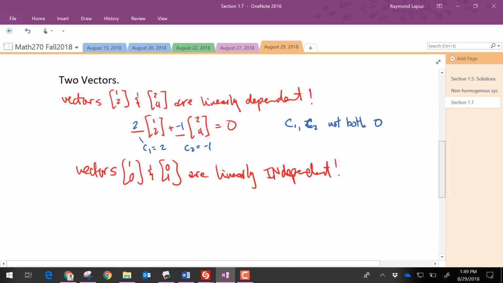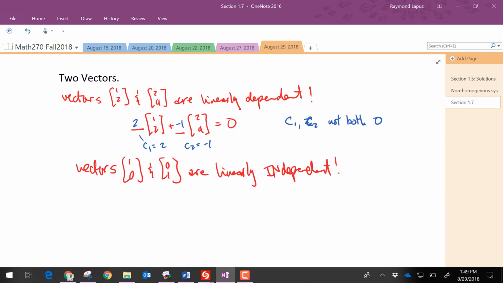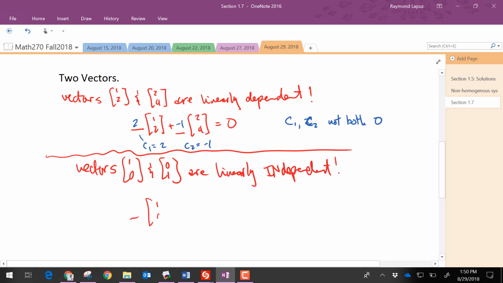Okay, so (1, 0) plus something times (0, 1) is equal to 0.